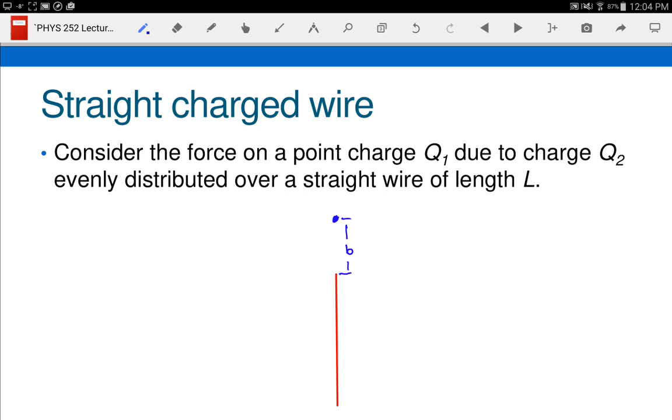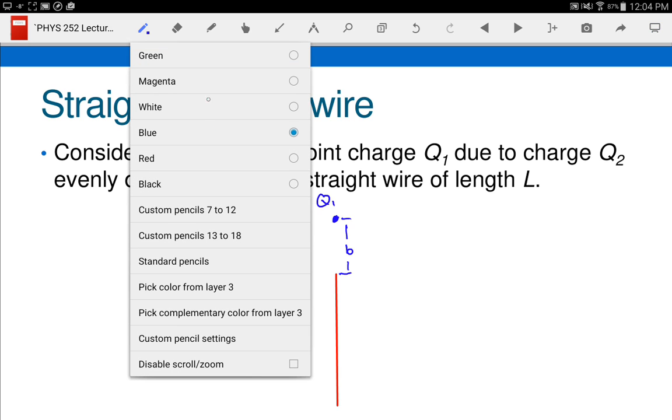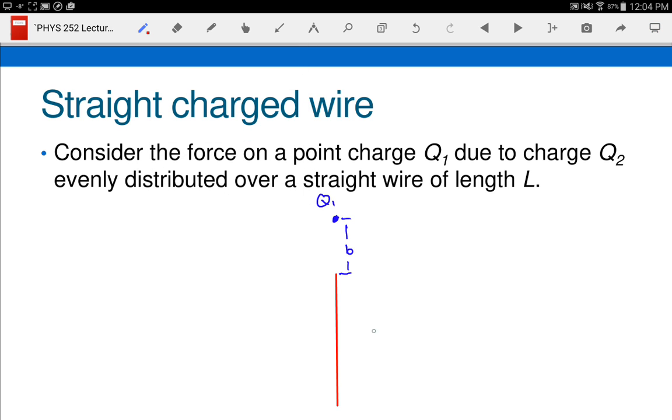So I have point charge Q1 here, and then I have charge Q2 that is spread out over this length L. I'm not going to rewrite the concept because we know it's Coulomb's law, and you are asked in that problem to lay out all of the different pieces of the concept as separate pieces.